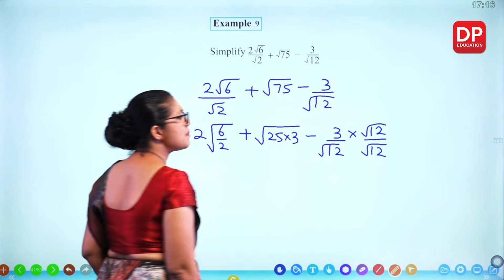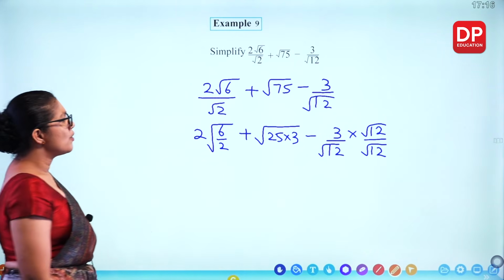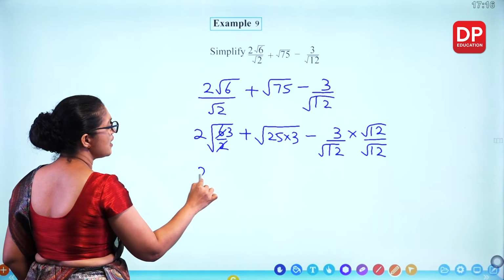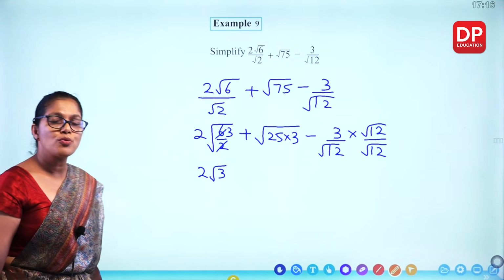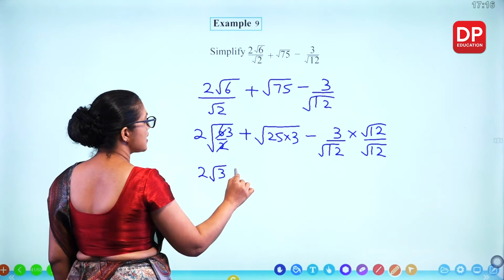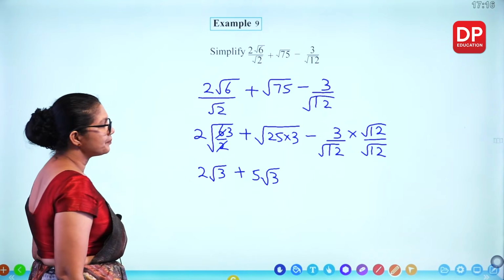That means I multiply by root 12. Now try to simplify 2 with this, you get 3. So here you get 2 root 3. What about here? Root 25 is 5. You get 5 root 3.